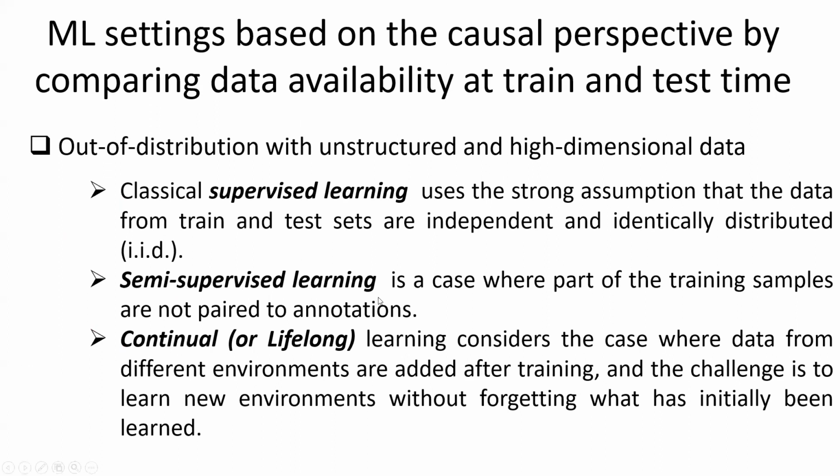Semi-supervised learning is a case where part of the training samples are not paired to annotations. Another one is lifelong learning. Consider the case where data from different environments are added after training. The challenge here is to learn the new environment without forgetting what has initially been learned.